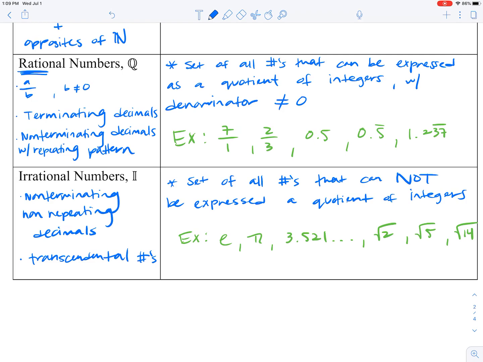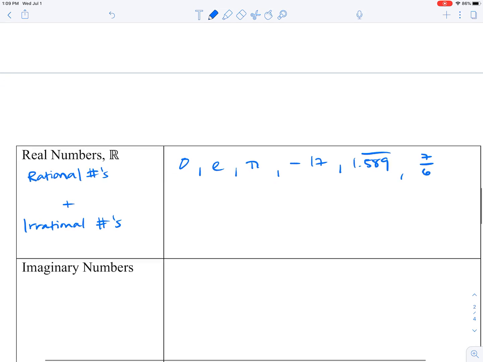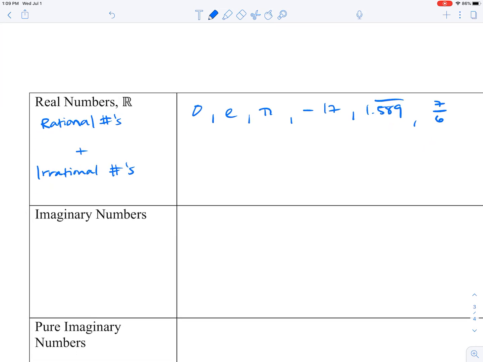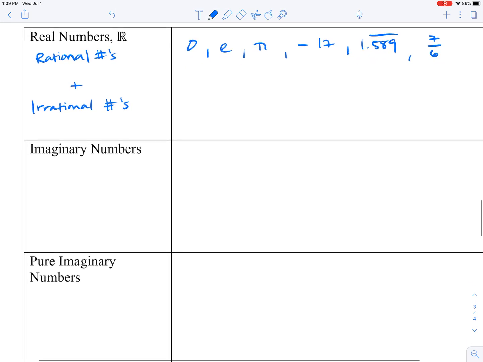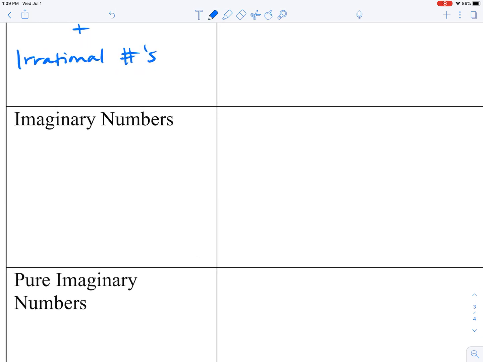So a number is either rational or it's irrational, but it's not both. So they are not subsets of each other. However, the rational numbers are a subset of the real numbers. The irrational numbers are a subset of the real numbers. And those two subsets together make up the set of real numbers.